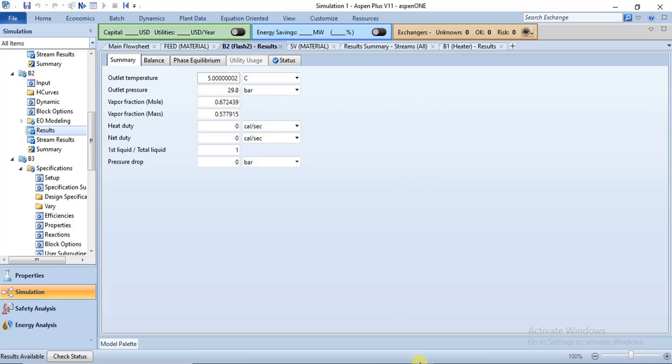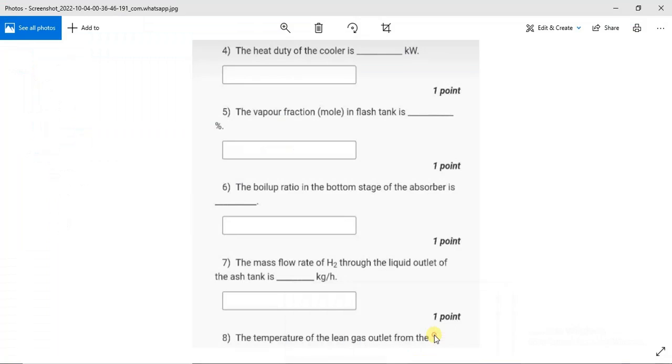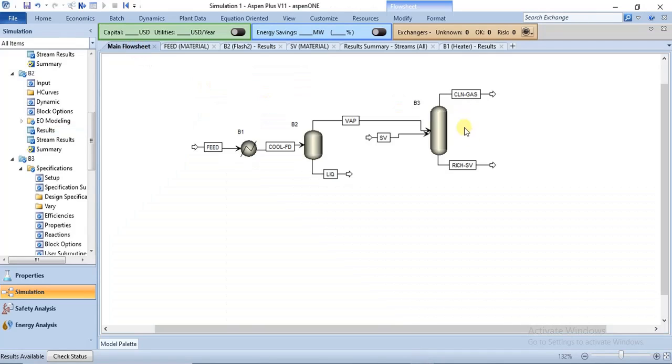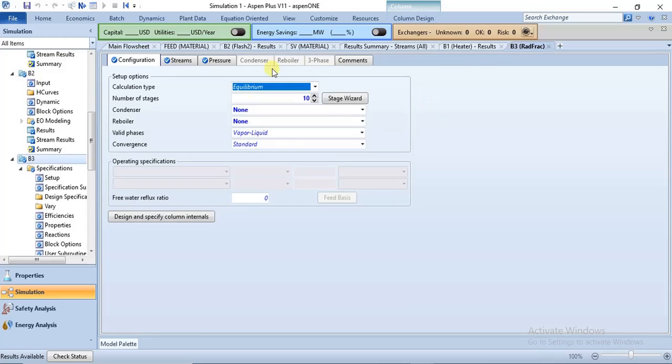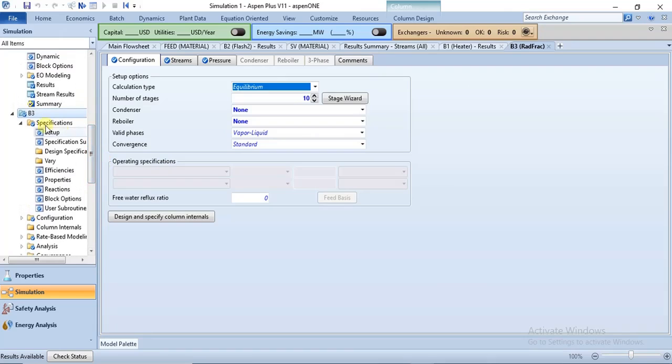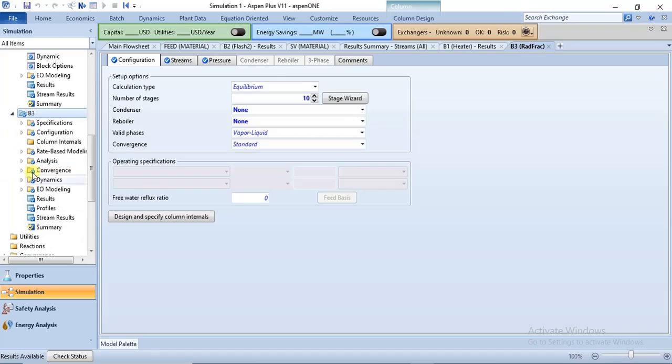Then the next one is the boil up ratio in the bottom stage of the reboiler. The reboiler should be found in the absorber, so you go to the absorber and check the results.